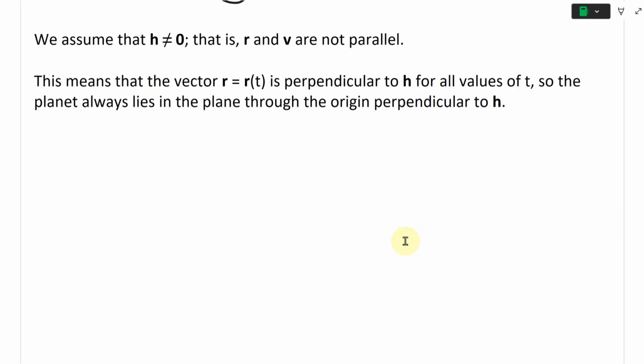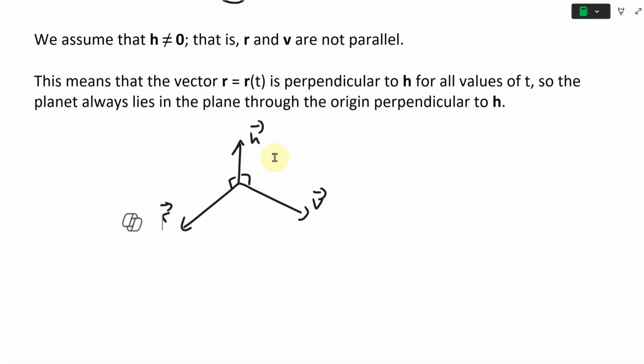If this is the constant h, and the velocity vector is v, and this is the position vector r, it's always going to be on the same plane. It lies in the plane through the origin perpendicular to h.